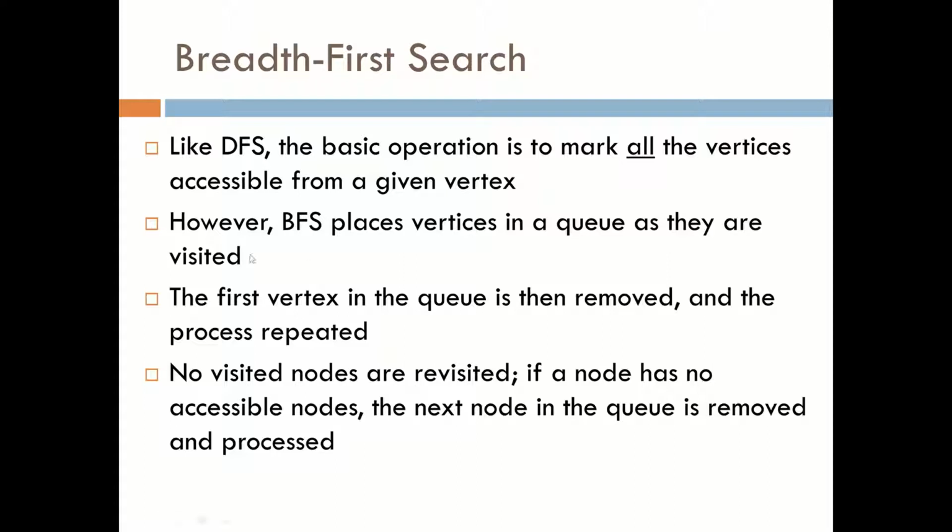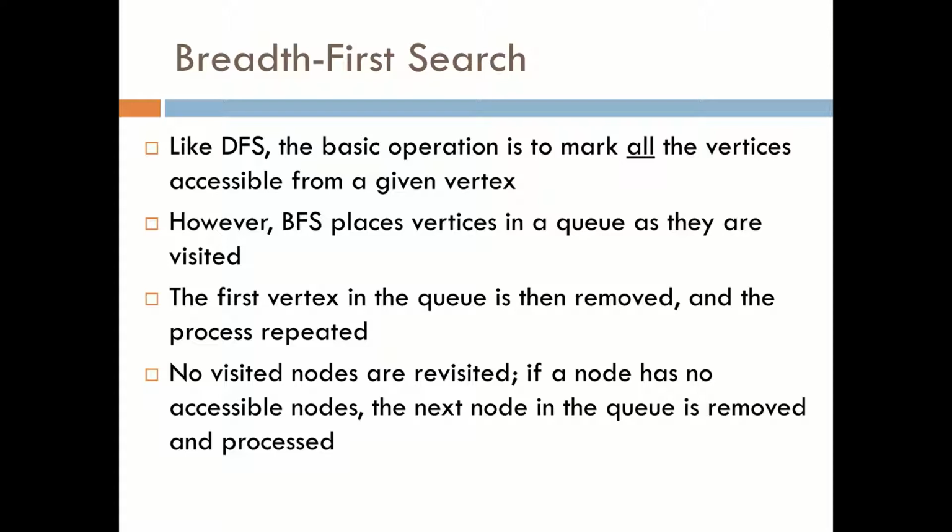Now, we saw that depth first search uses either the system stack or an explicit stack to store the vertices. Breadth first search, on the other hand, uses a queue to place the vertices in and to put them in order to be processed.